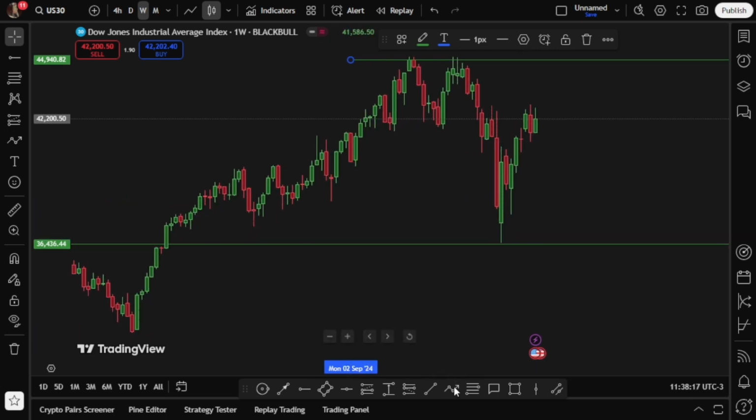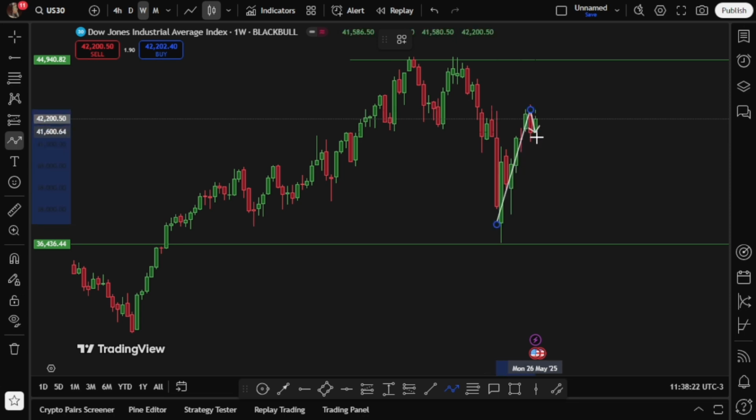Like this area, price might decide to go up, then reverse. Instead of coming to this wick, it might just stop at the body of the candle and then go back up. So that's why I prefer taking the bodies of the candles rather than the wicks.